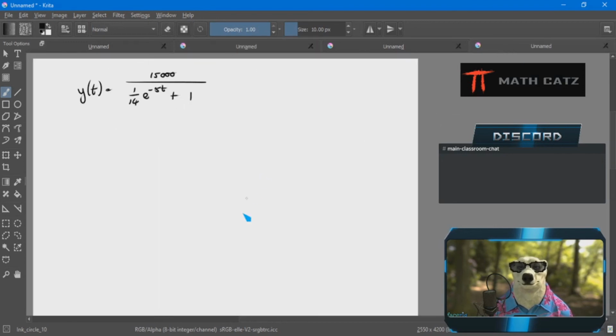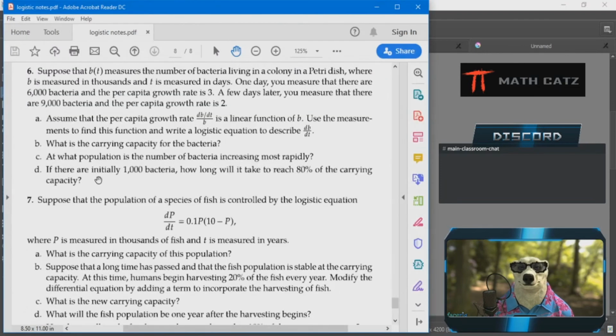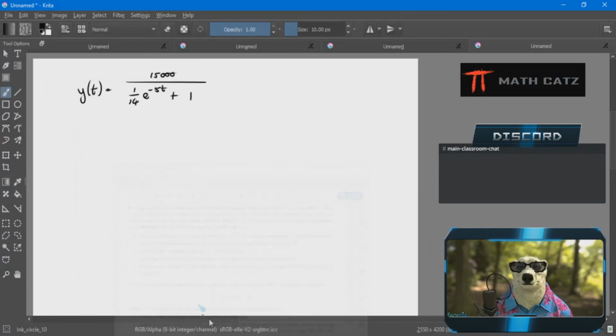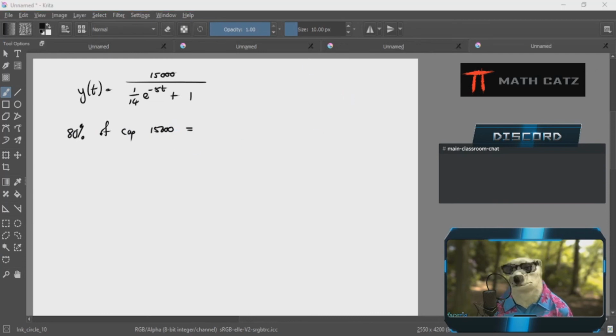You can use that, or we can stick to this question asking, how long will it take to reach 80% of the carrying capacity? So 80% of the capacity, which is 15,000. Let's calculate it so we have something to show in the chat box. But of course, you can do it in your head as well. 0.8 times 15,000, just so MathBot has something to do.